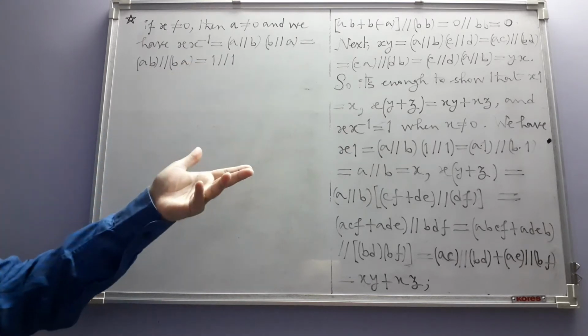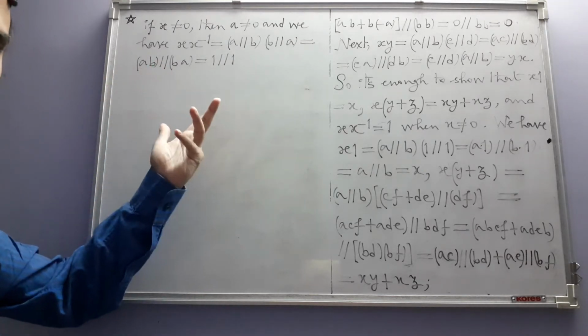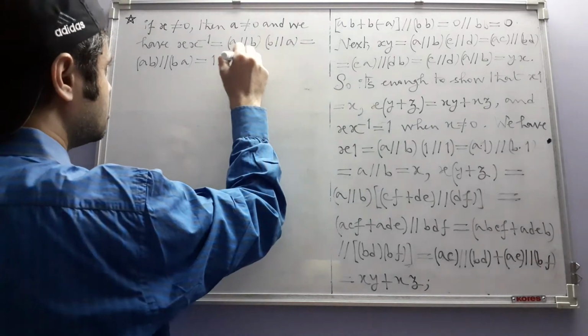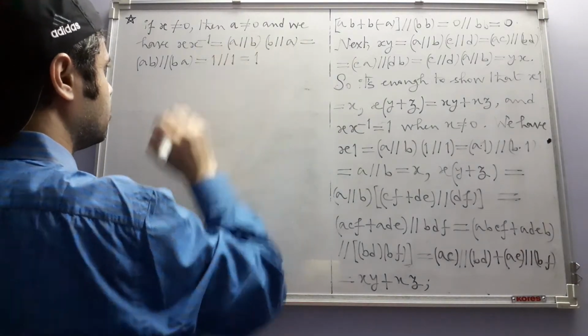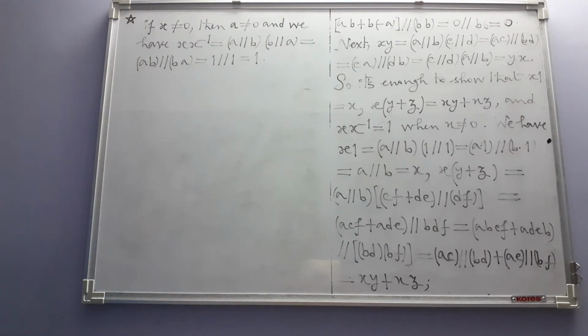That means AB is equal to BA, and that is because multiplication of integers is commutative, and this is our integer 1. So that's it. We wanted to prove all these things.